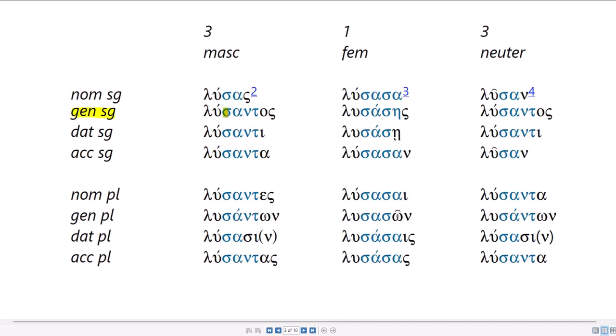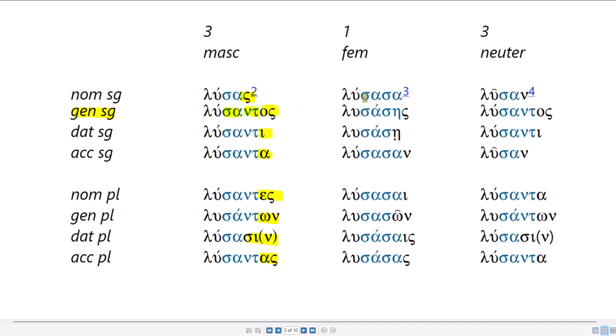We have the tense formative sa, then the participle morpheme nu tau, and then all the way down, we have the standard third declension endings: sa, as, e, a, s, on, sin, as. In the nominative singular, that nt drops out, and we are just left with the sigma. But at least the third declension ending is normal.